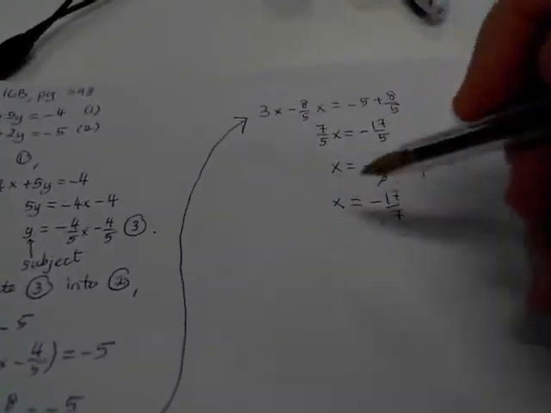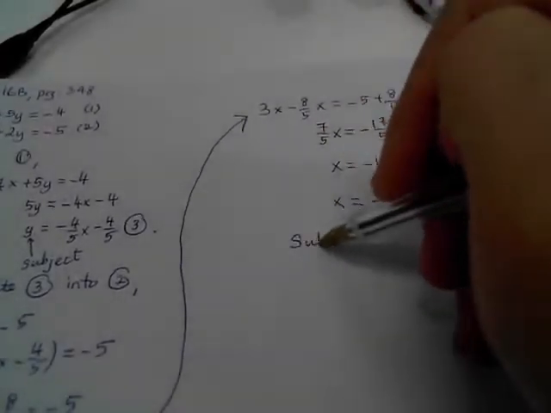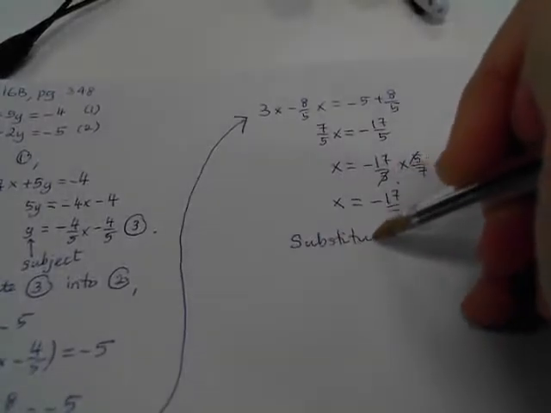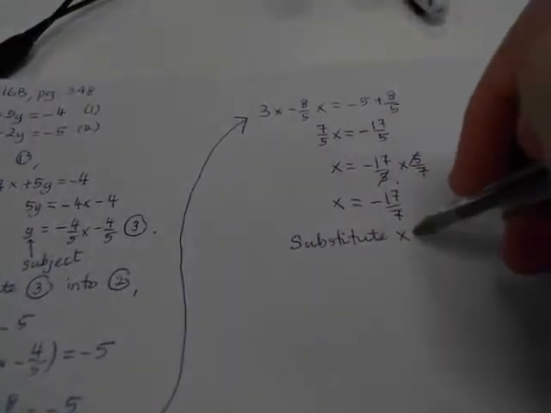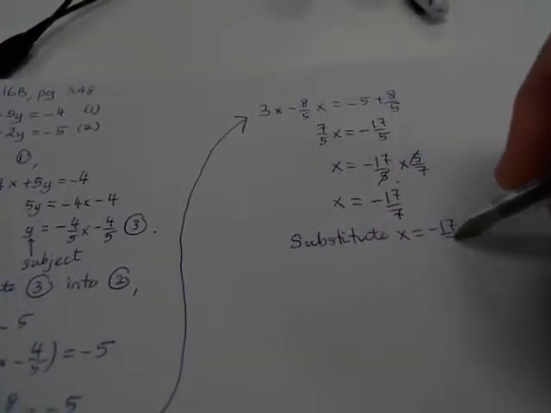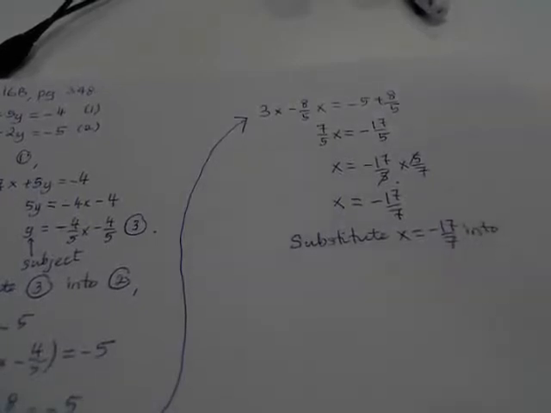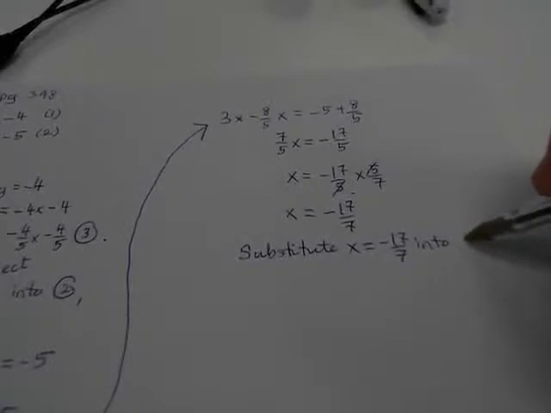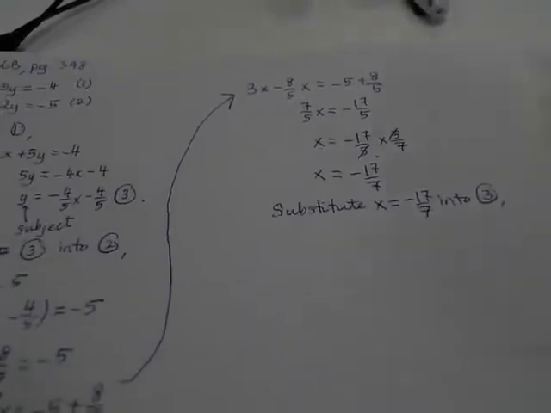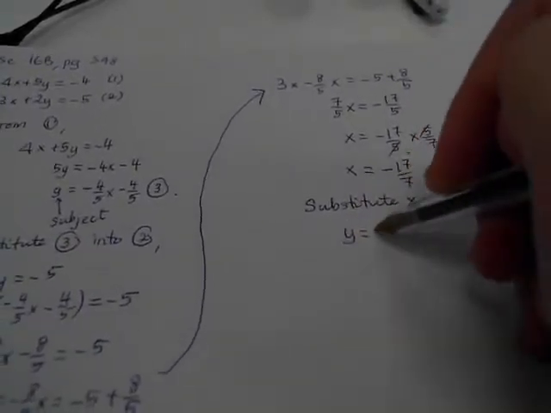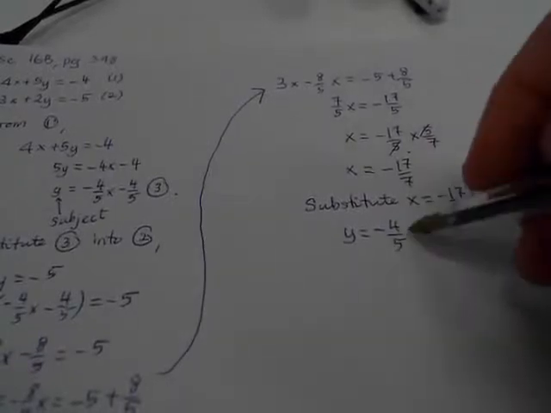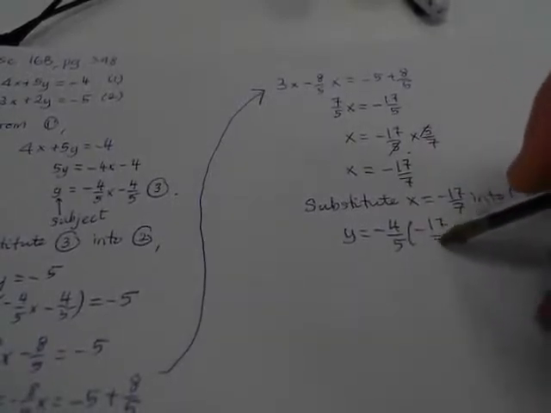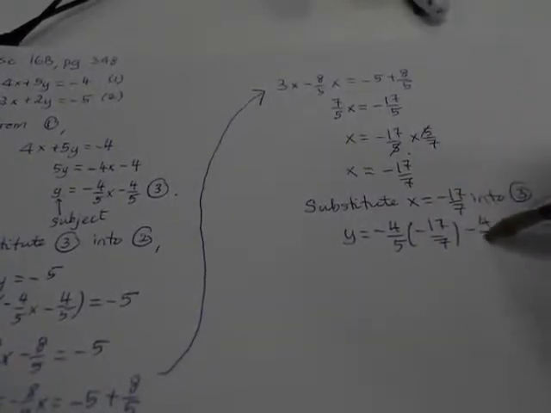So therefore, we substitute x equals minus 17 out of 7 into 3. So y is minus 4 out of 5 times negative 17 out of 7 minus 4 out of 5. Alright?